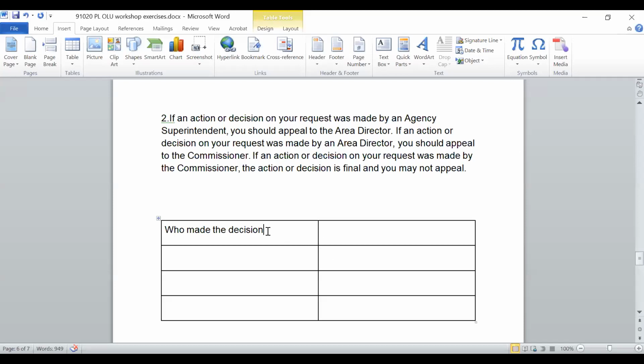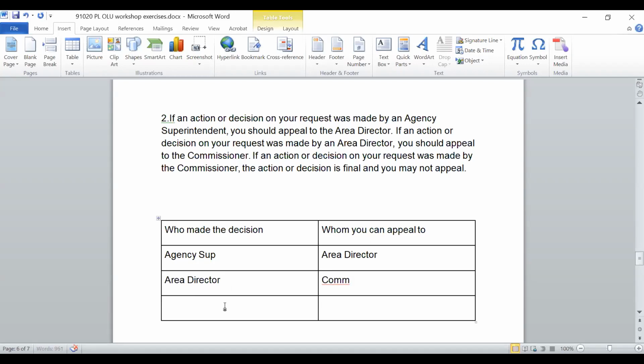Okay, so there's 2 sections here, who made the decision and whom you can appeal to. If the agency superintendent made it, you can appeal to the area director. But if the area director made it, you can appeal to the commissioner.